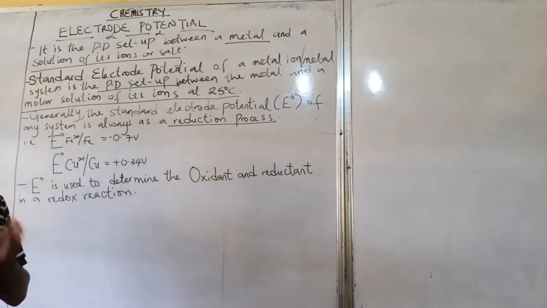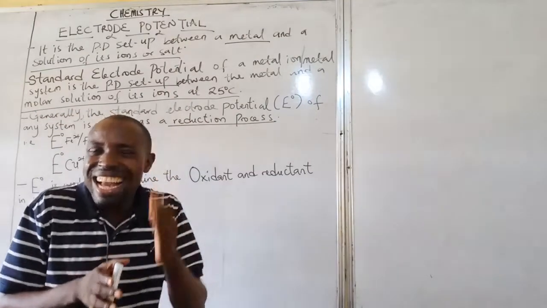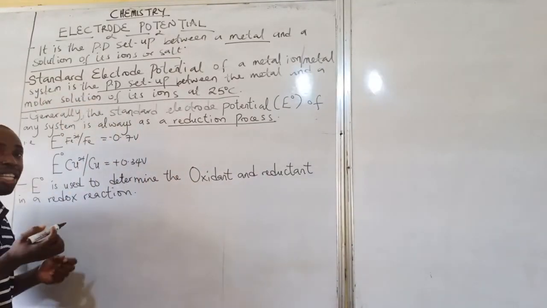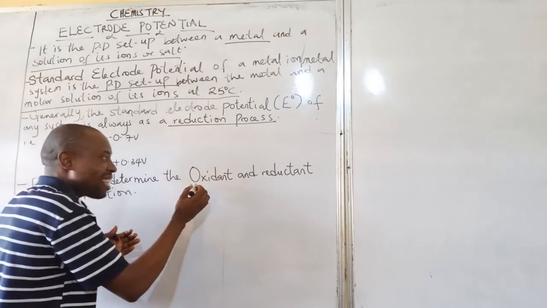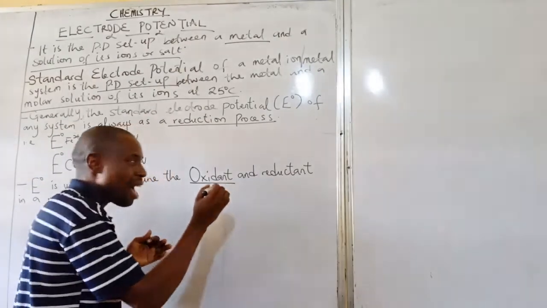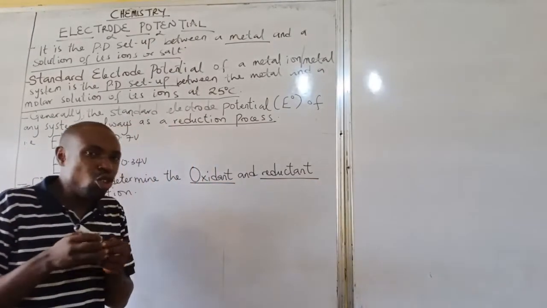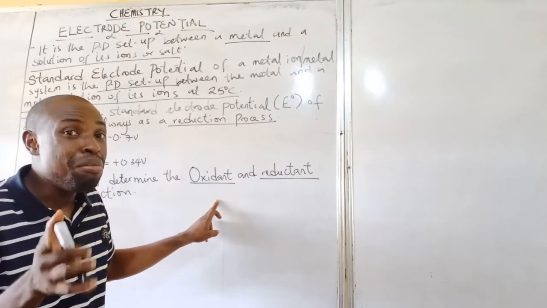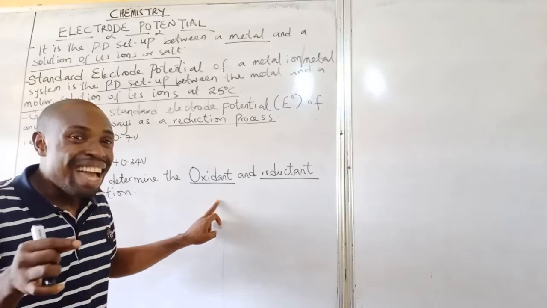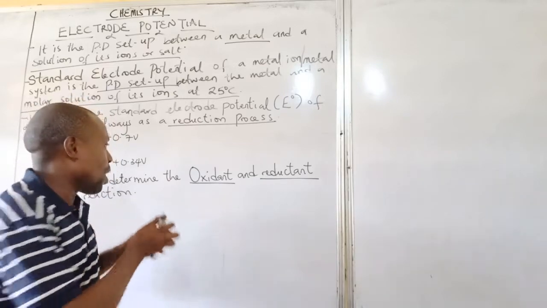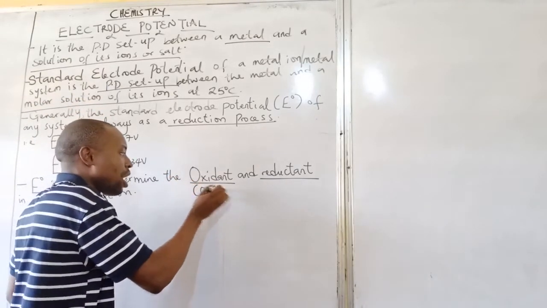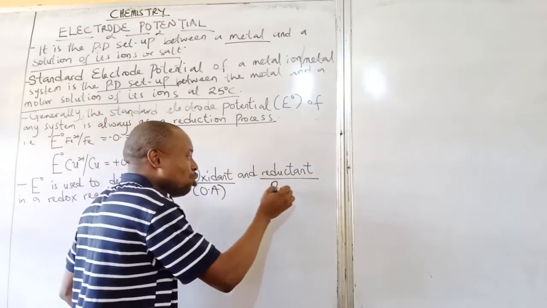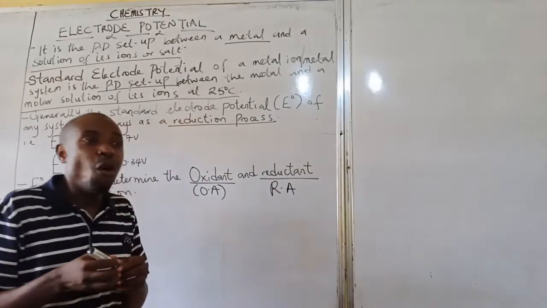Now, don't forget that the standard electrode potential can be used to determine whether a substance is acting as an oxidant or as a reductant. The other name of an oxidant is an oxidizing agent, while a reductant is also known as a reducing agent.